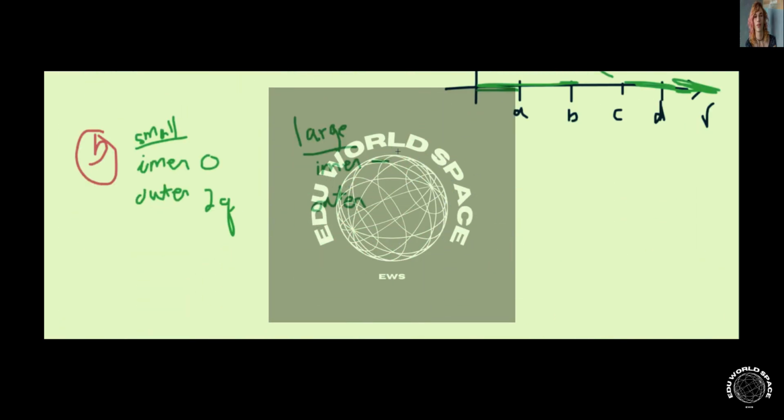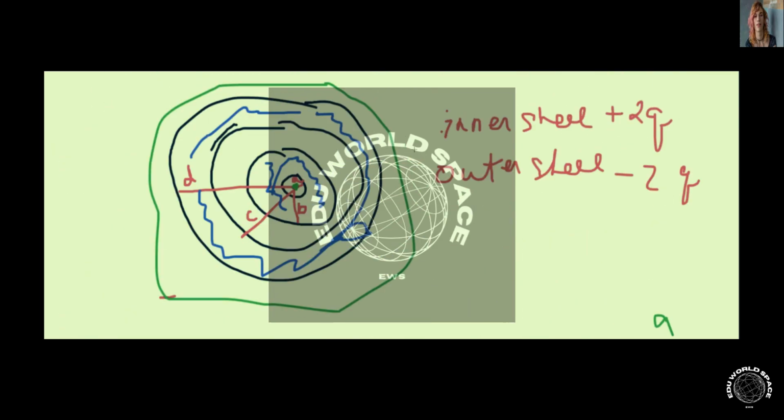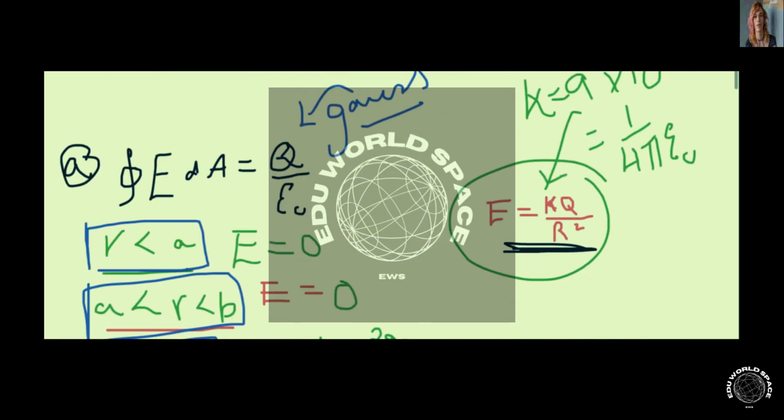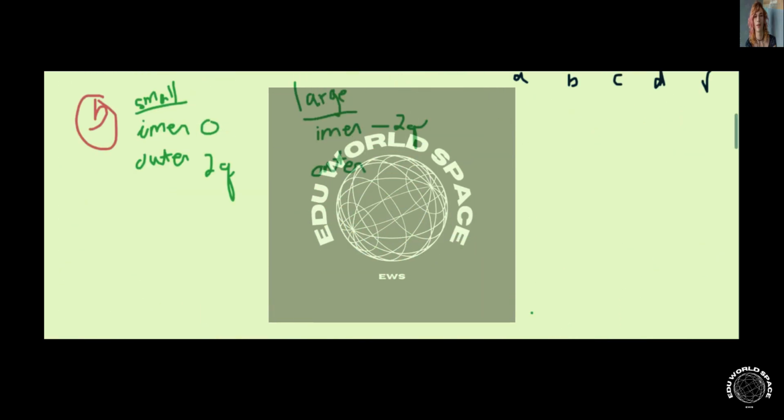That's minus 2Q. Then what about this outer surface? It's got to be 0. We have a net charge of 0 here. So the outer surface must equal 0.